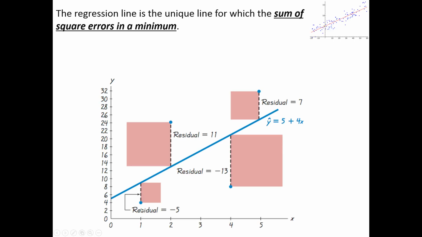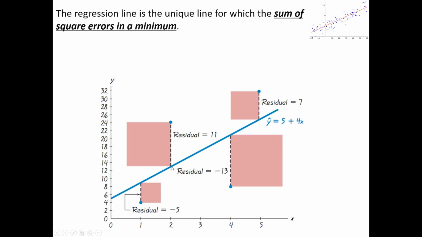In this case, the residual is negative, because if you take y from the data point and subtract it from the y value on the line, you would have -5. For each of these data points, you could calculate these residuals, these errors.